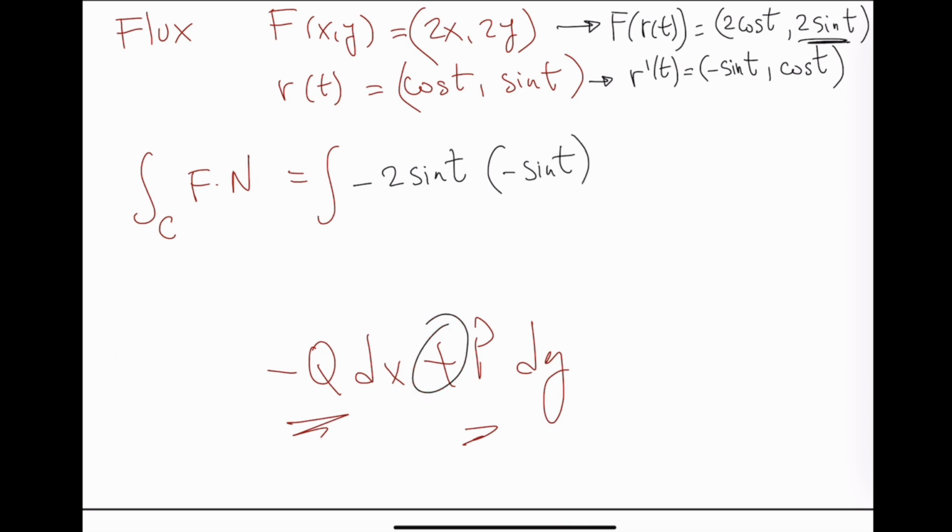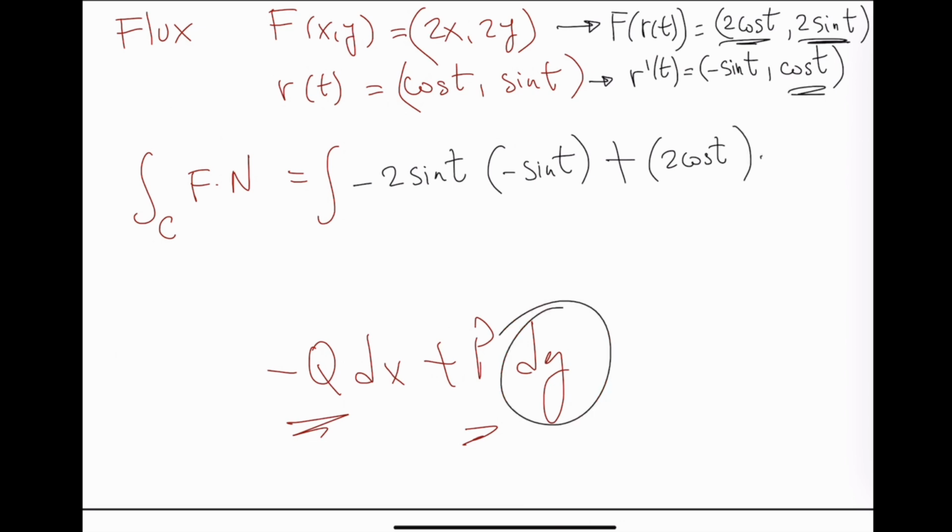And then plus, we're going to put p, which is just the first component as it is, 2 cosine t, multiplied by dy, the second component of the derivative, which is cosine t. And so we're going to do this dt between 0 and 2 pi.